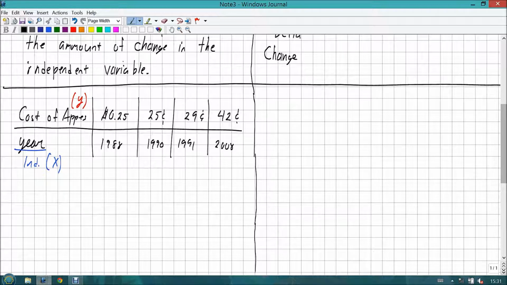Okay, so we're looking at it, and we found out that the year is our independent variable. Our cost of apples would be our y, or our dependent variable. So what we need to do is find the rate of change per year.